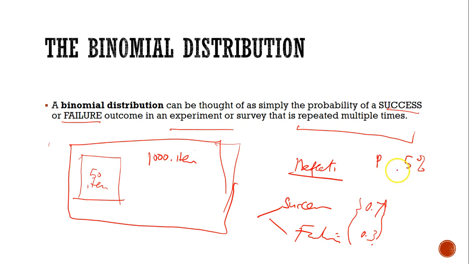But if it is a new supplier and we're not quite sure, or it's a particular type of product that's come from a particular part of the world, you could have a higher probability. But the key point is, if you say the probability of a defect is 5%, that means the probability of no defects must be 95%, or if you like 0.05 and 0.95. The key point is that all probability adds up to 1.